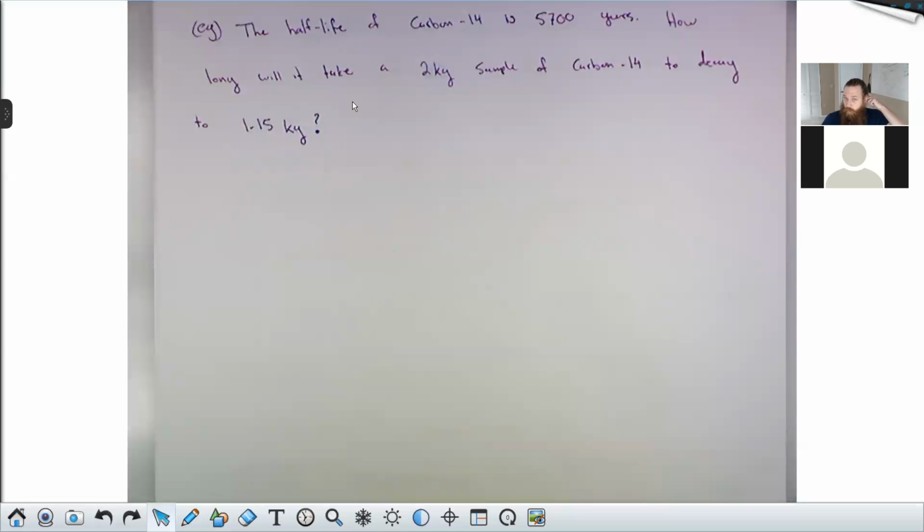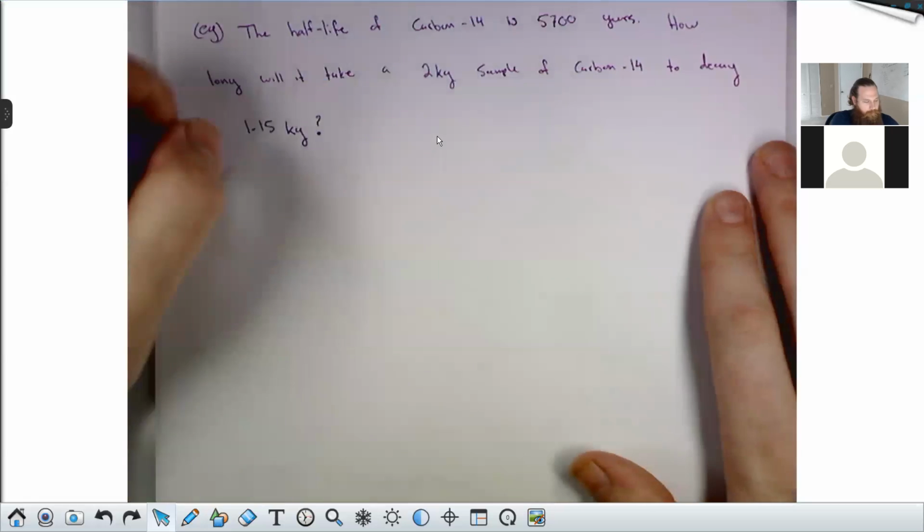And this is actually how radiocarbon dating works. But let's see if we can just answer this question. We need to begin with the half-life formula.